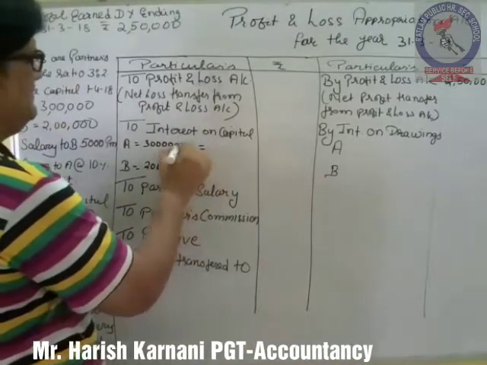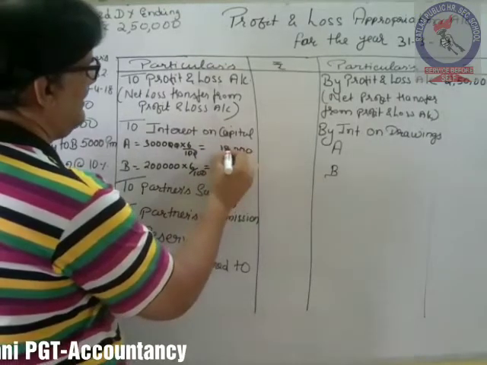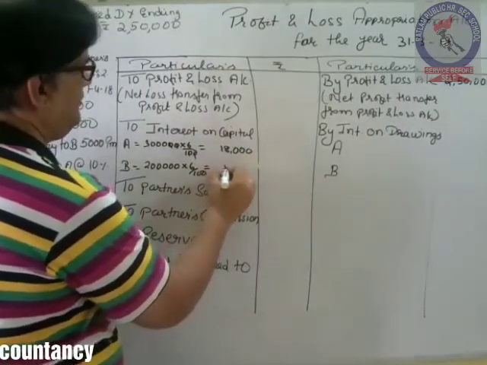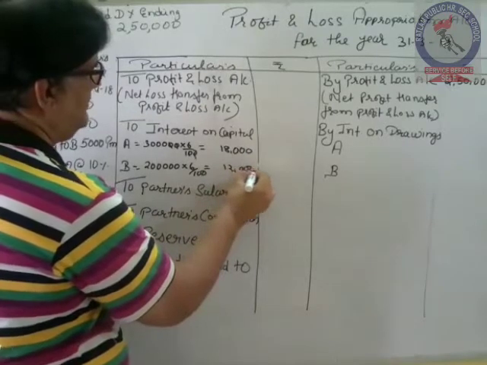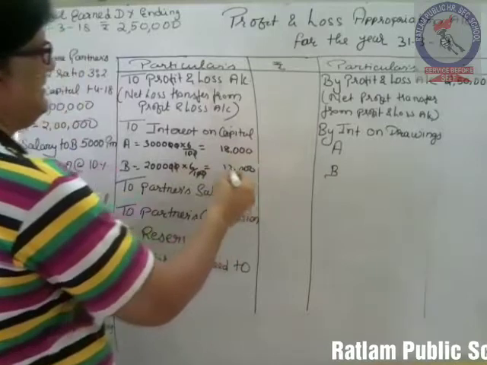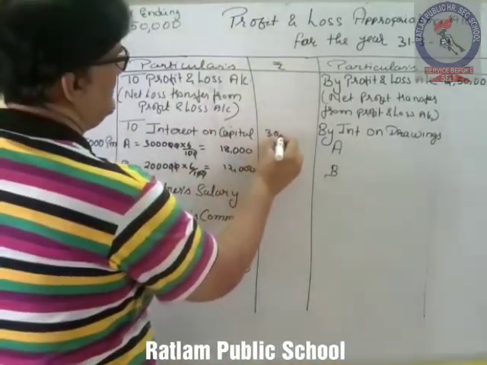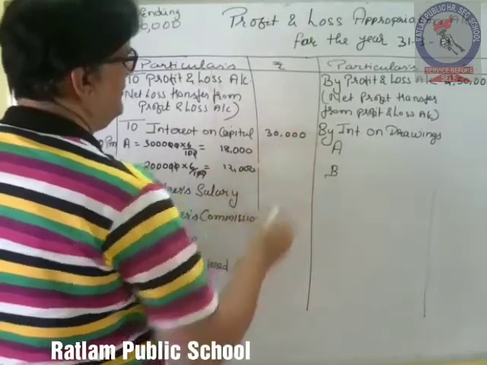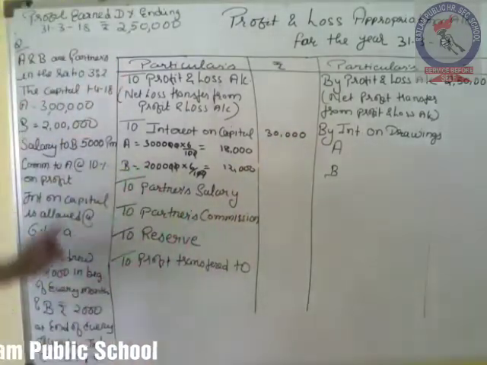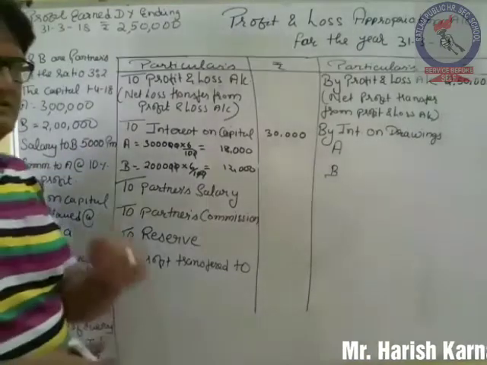So this becomes 18,000 for A and 12,000 rupees for B. So total interest on capital, 18 and 12, is 30,000.